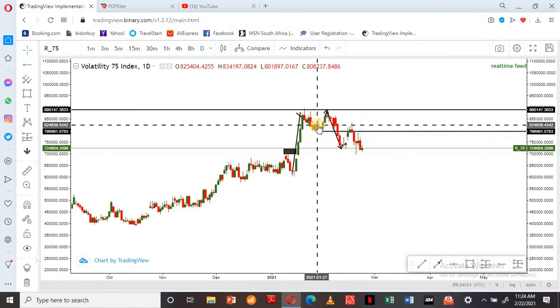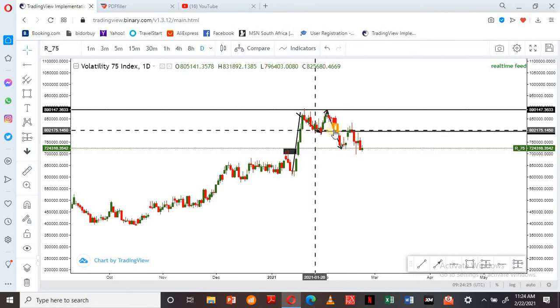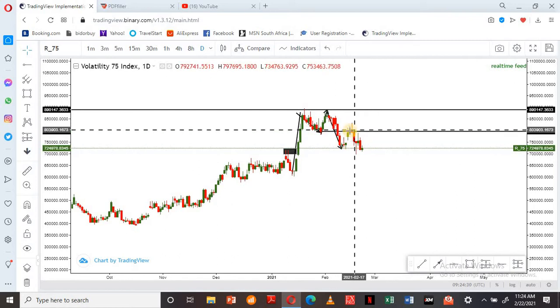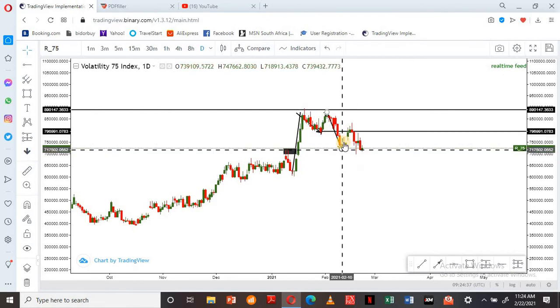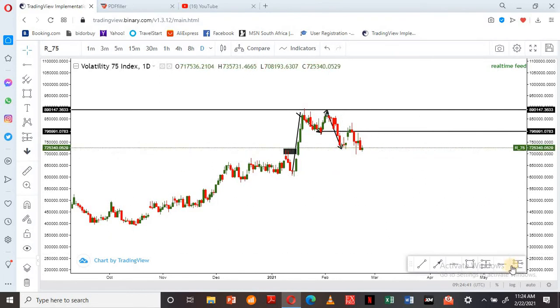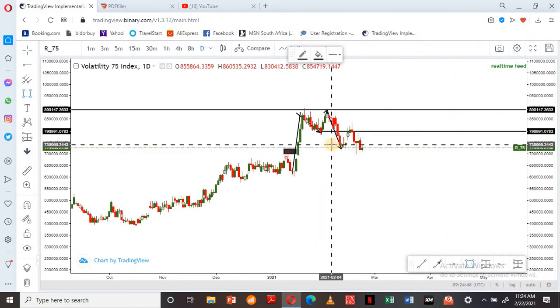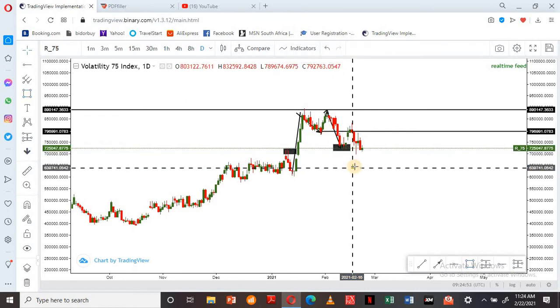It created this level, went up, respected resistance, came down, broke this level, respected this one, came up again, respected the level of support here, turning it into resistance, came down, and now is about to break this level of support.